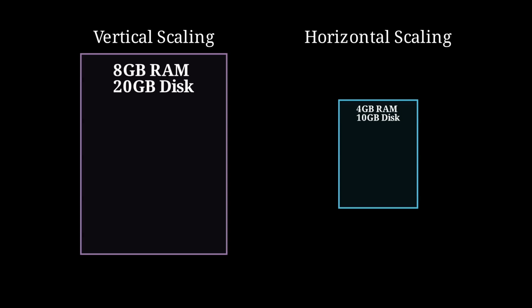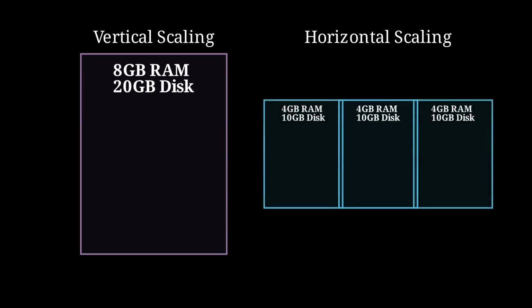Instead of 1 you maintain 3, each with 4 and 10. Instead of one server, your application will run on 3 servers. This is called horizontal scaling, in order to survive the user traffic.